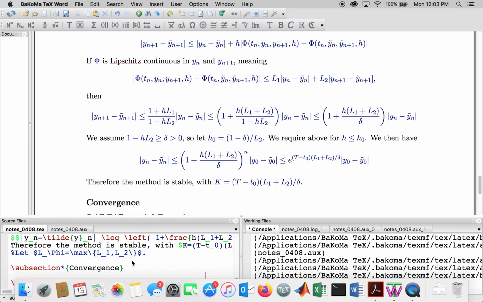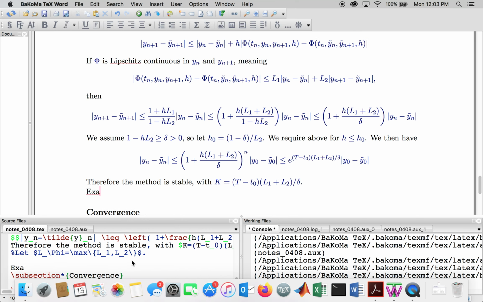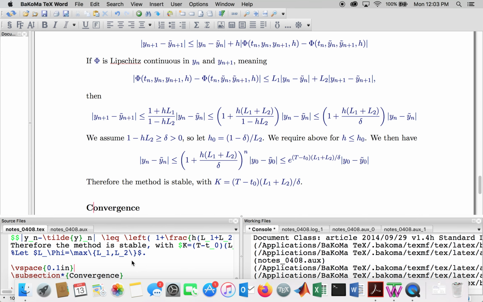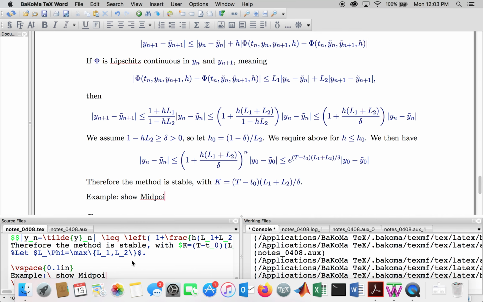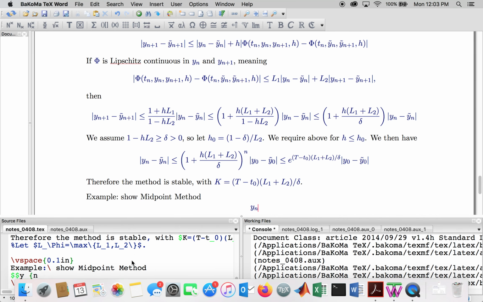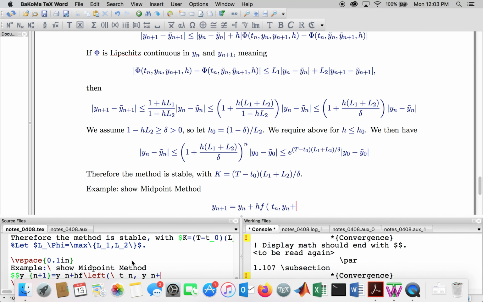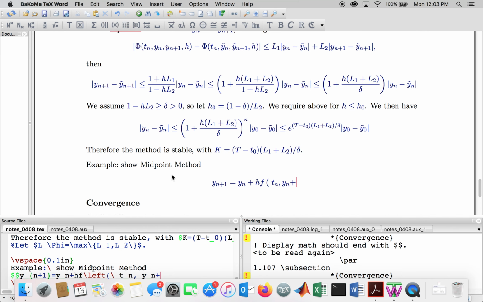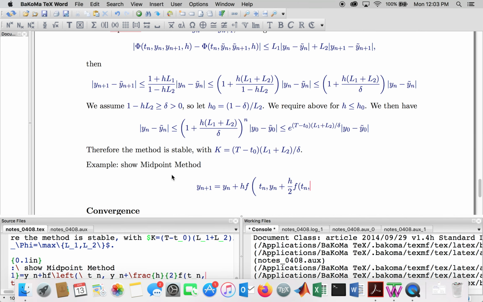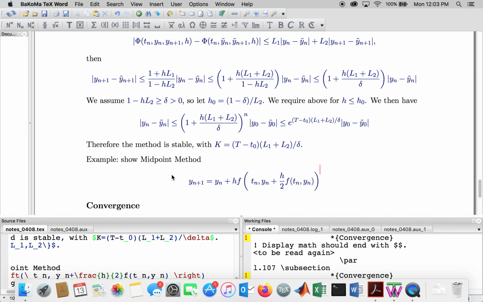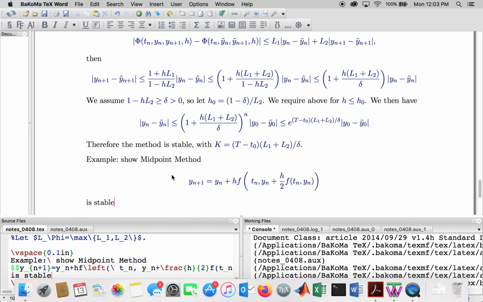As an example, show that the midpoint method, y_{n+1} = y_n + h f(t_n, y_n + (h/2) f(t_n, y_n)), is stable.